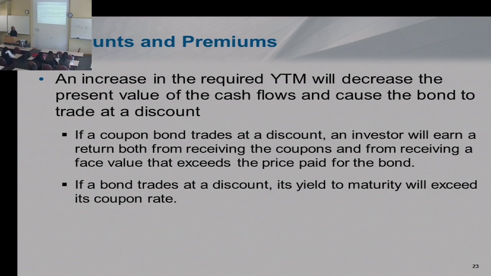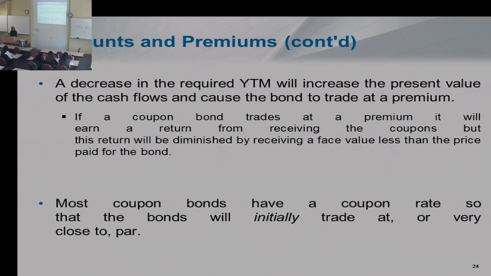So an increase in the yield to maturity decreases the present value of the cash flows. A decrease in yield to maturity increases the present value of the cash flows. And that's how you get a premium.